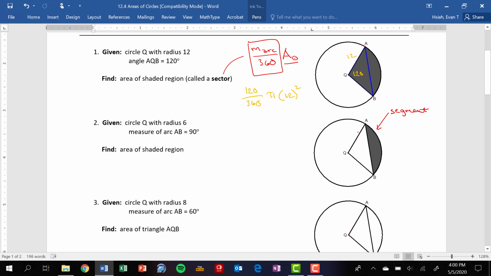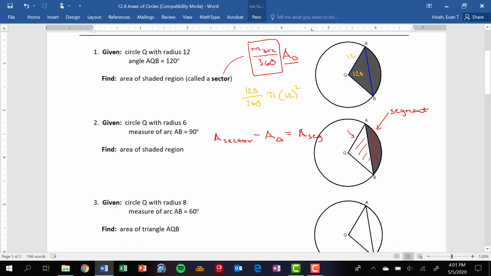Of course, for example, this radius is a segment, but this is the segment of a circle, and it's the shaded region there, where you basically take the area of the sector, which is the piece of the pie, and you subtract this area right here, which is the area of the triangle. That would be equal to the area of the segment.